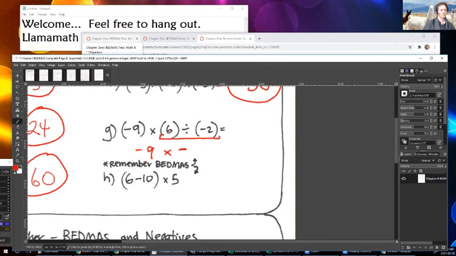And then I'm going to do the actual math. 6 divided by 2 is 3. Cool. Now I can concentrate on the multiplication part. Negative times a negative gives me a positive, or 2 negatives, which is an even number, gives me a positive. 9 times 3 is 27.